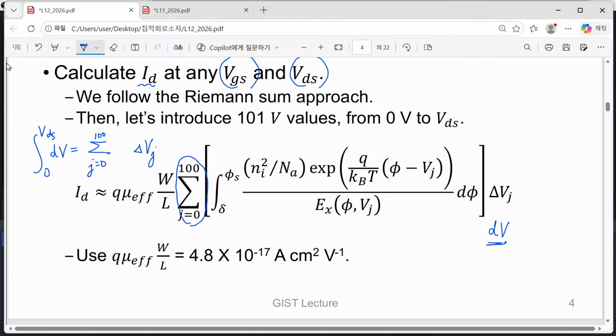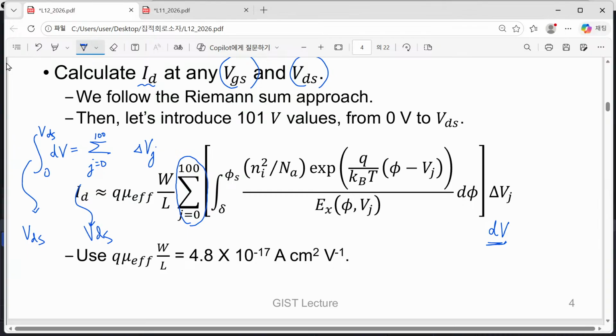By performing this integration, or this summation, you will have VDS. Are you with me?